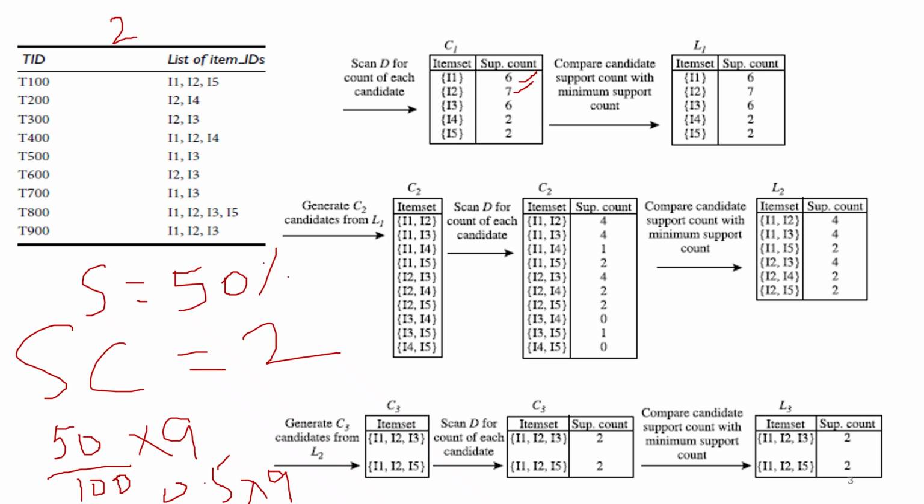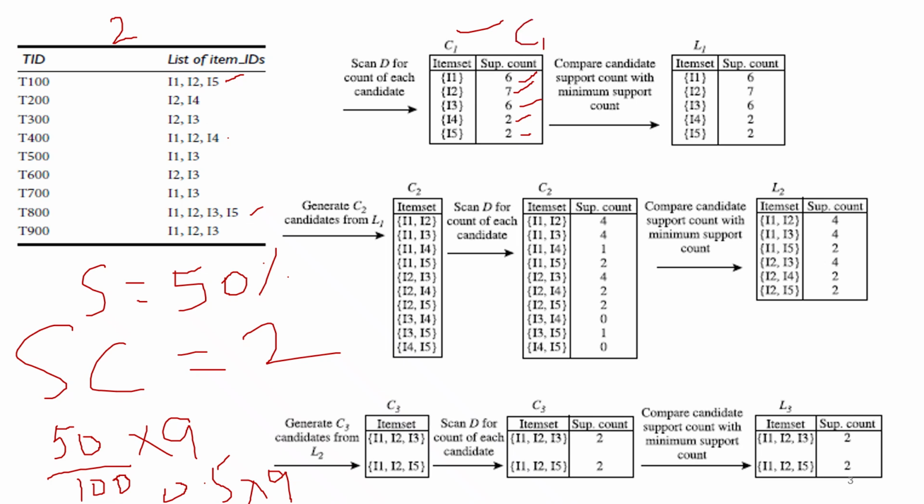And for I3, 1, 2, 3, 4, 5, 6, which is 6. And for I4, it is 1, 2, only 2 you have here, and for I5 you have 1 and then 2, only 2. So we have scanned the database to find the first candidate set, which is called C1.